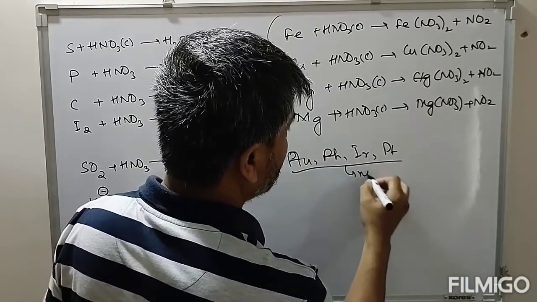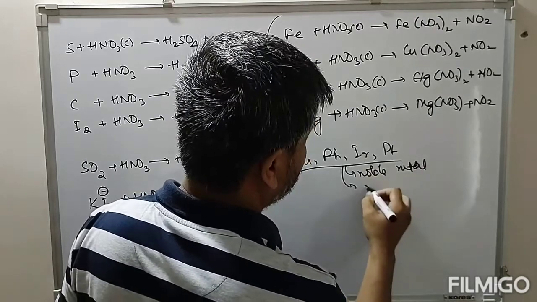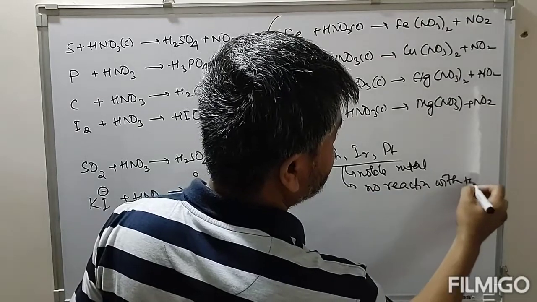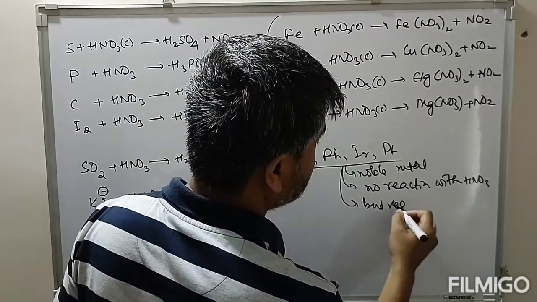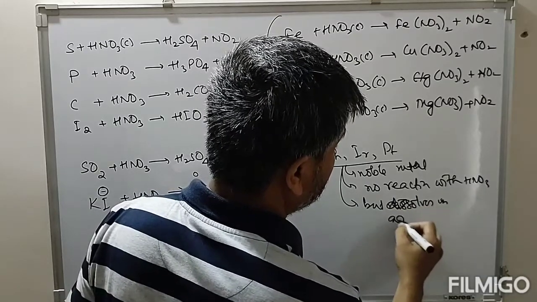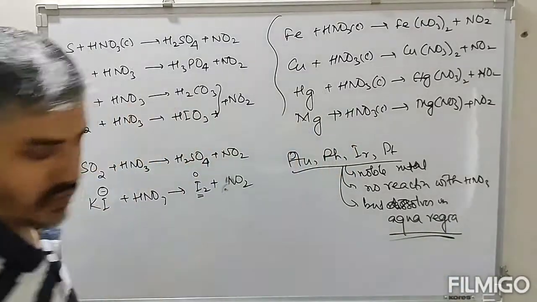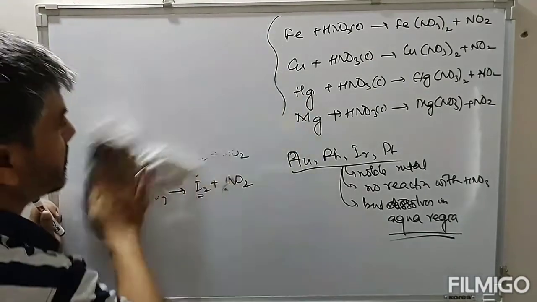These are noble metals. No reaction with nitric acid, but dissolves in aqua regia. So what is aqua regia and how does this react with aqua regia?